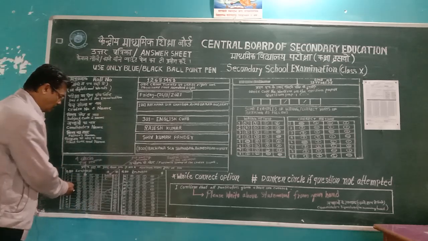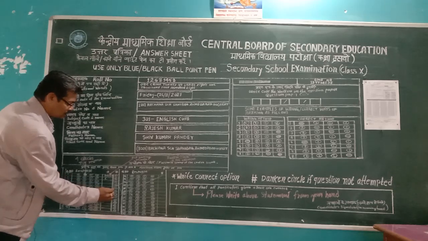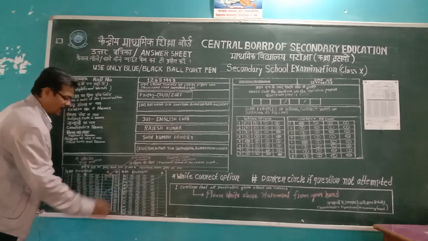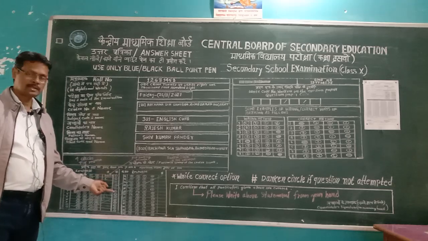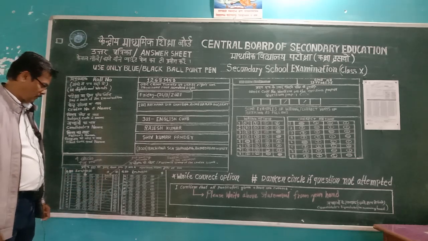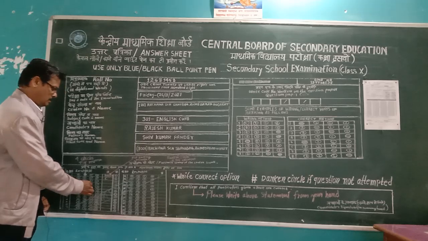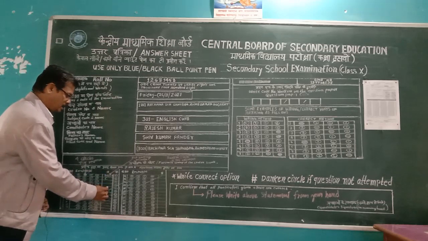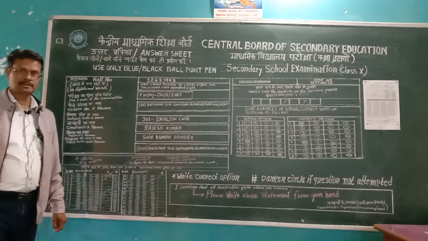If for a question we do not know the answer and we have not written anything, then we have to fill up the circle below the hash. That means if this circle is darkened, it will be considered an unattempted question. Suppose for example, we have darkened the circle here, we have written the option here, and again we have darkened the circle below the hash.